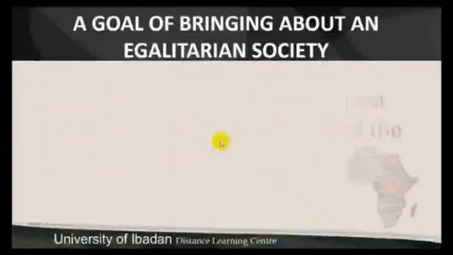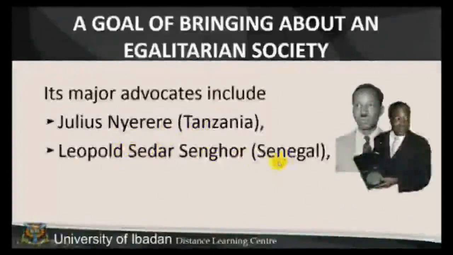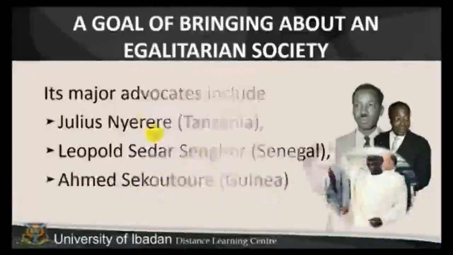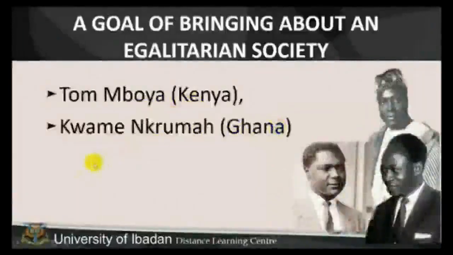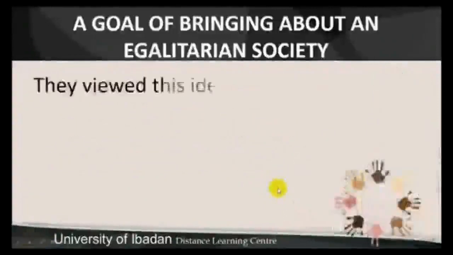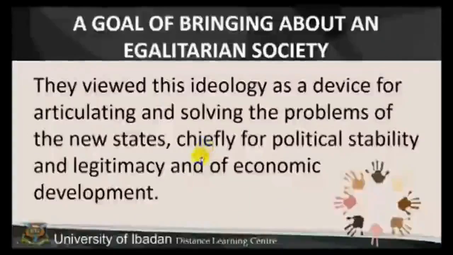Its major advocates include Julius Nyerere of Tanzania, Leopold Sedar Senghor of Senegal, Ahmed Sékou Touré of Guinea, Tom Mboya of Kenya, Kwame Nkrumah of Ghana, Modibo Keïta of Mali, and so many more. They viewed this ideology as a device for articulating and solving the problems of the new states, chiefly for political stability and legitimacy and of economic development.